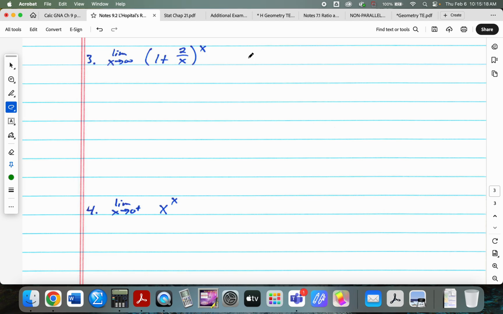So what I'm going to do is something that we did a little bit of much earlier. I'm going to say let y be equal to 1 plus 2 over x to the x power.